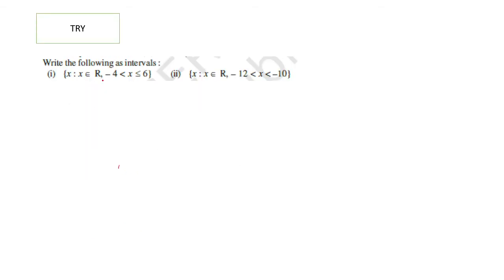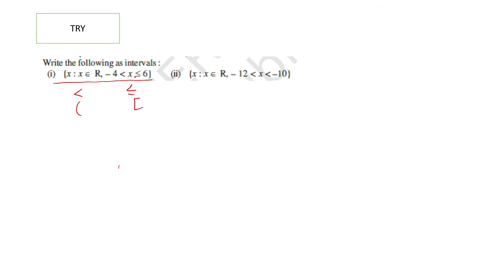So try. I have asked you to write these, which are given in set builder form, in interval form. How will you write? See these two notations, two inequalities: less than and less than or equal to. Less than means you take the open interval, and less than or equal to means you take the closed interval.